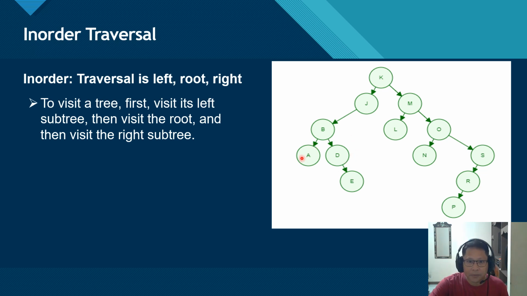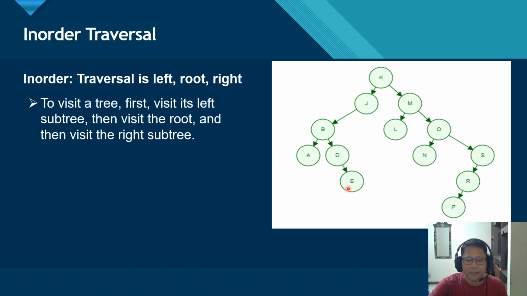So after A, B, next is D, and then followed by the right child, which is E. Again, A, next is B, then D, because there is no left child here, and then next is E.